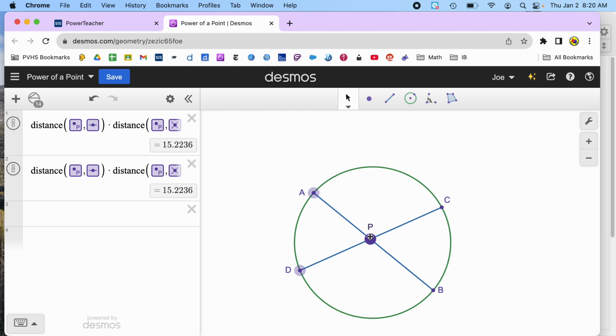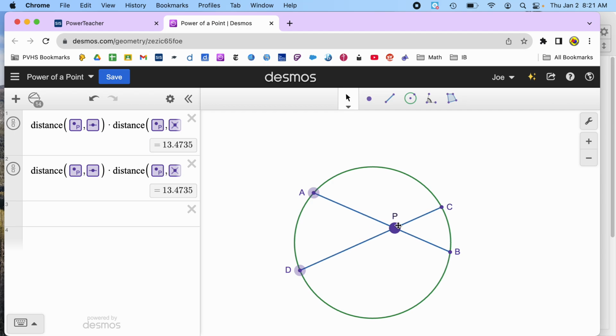And here's the power of this point. No matter where I put the point inside this circle, those products, when you multiply those distances together, are always the same, no matter where they go. And that's so cool. But wait, there's even more to it.